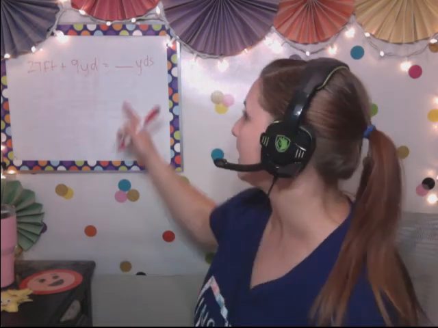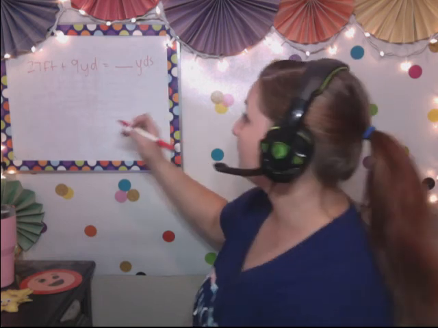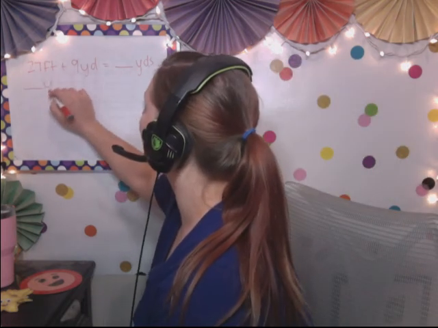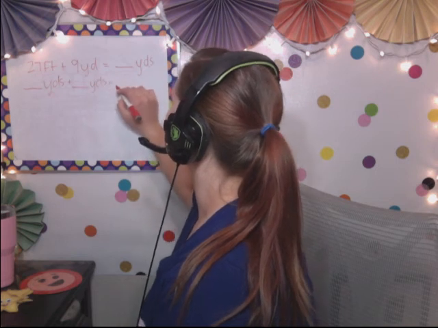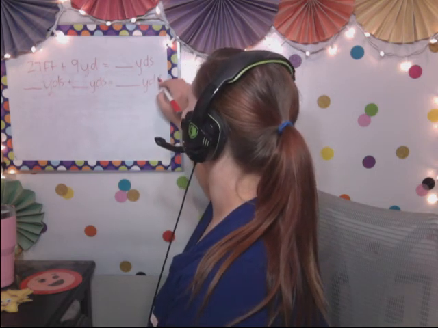All right, let's solve. So remember the first step is we need to figure out what is different. First, well, I guess before that, we need to see what our answer needs to be in, right? Blank yards. So I'm going to put blank yards plus blank yards equals blank yards.